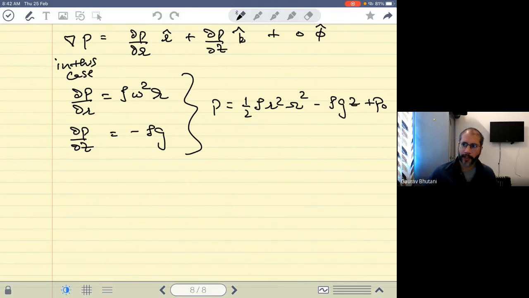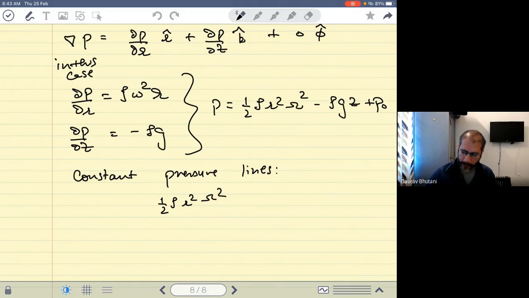So if I was to find the constant pressure lines in this case, all I have to do is write P equal to constant and find one constant pressure line. So if I put P equal to constant, that constant has absorbed P naught as well, the constant of integration, and this is what we get.